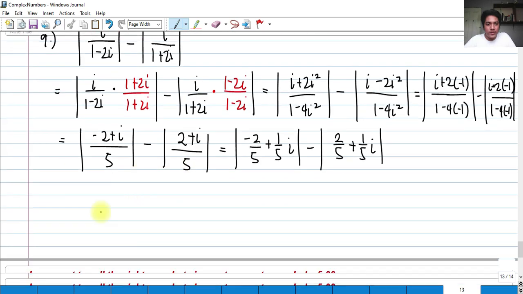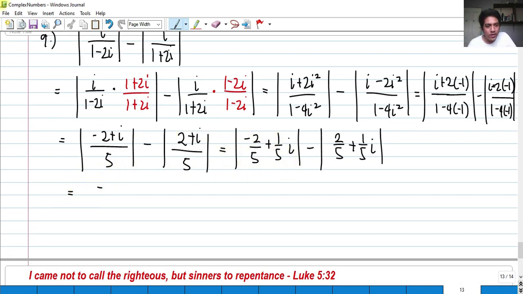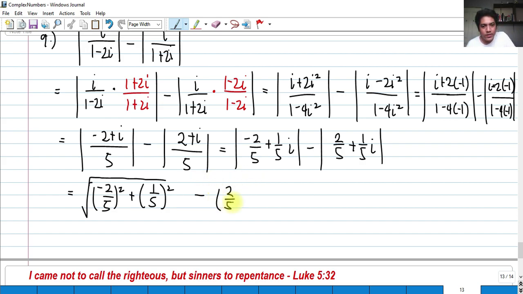So get the modulus first of the first term, negative 2/5 squared plus 1/5 squared, then taking the square root of that. And then minus 2/5 squared plus 1/5 squared. If you observe, this one is also equal to this, because even though it has a negative here, if you square it, that's the same answer.